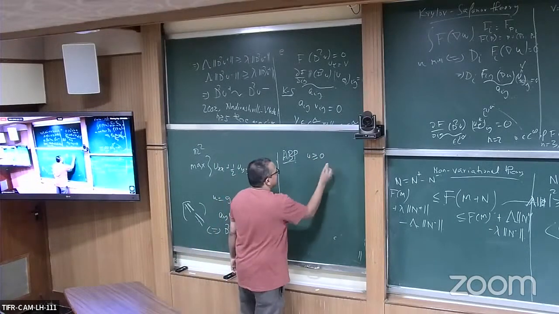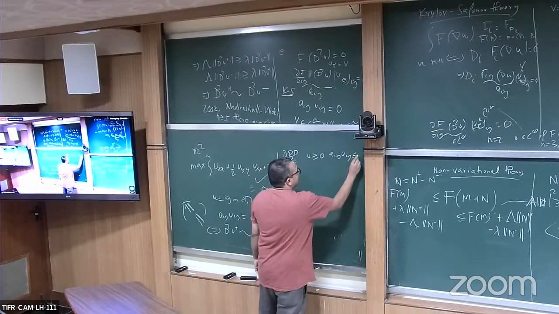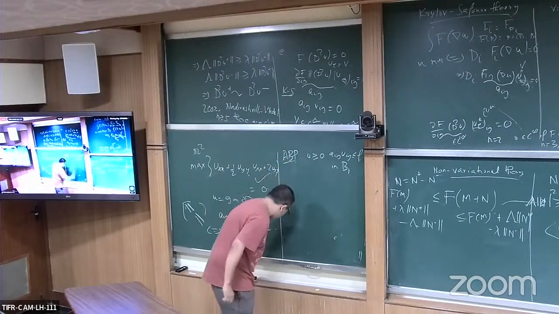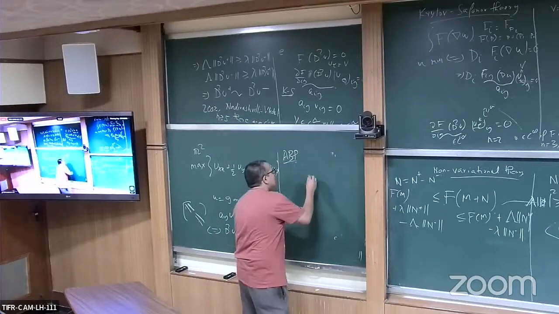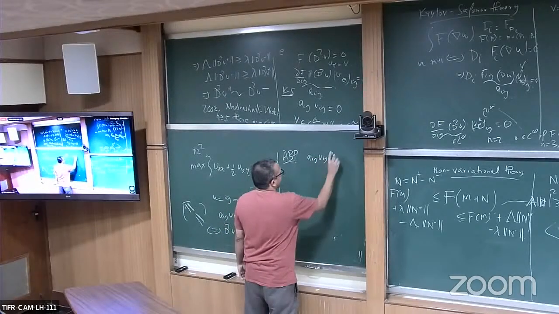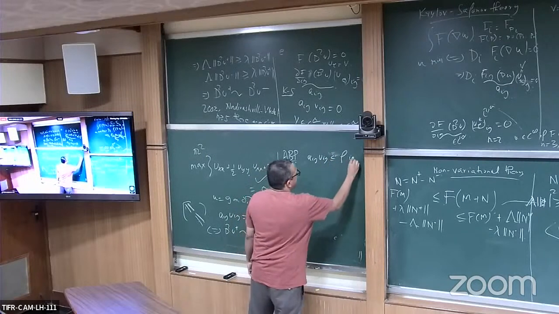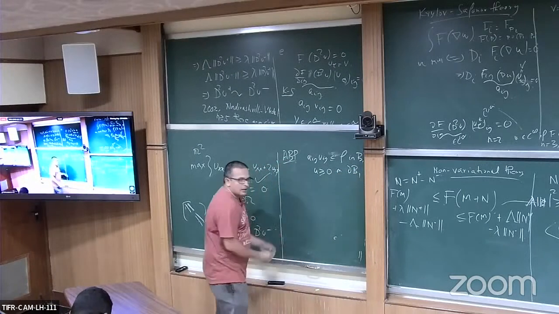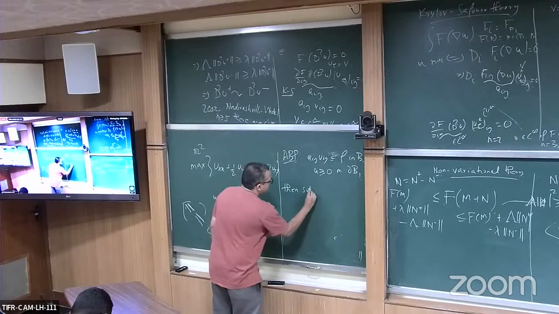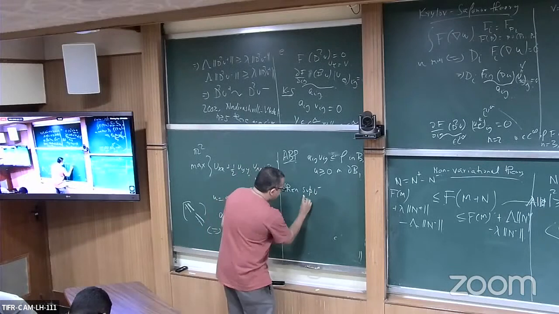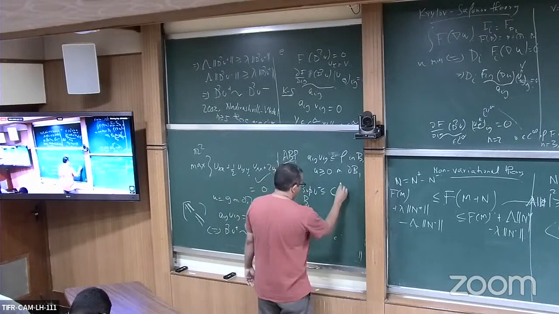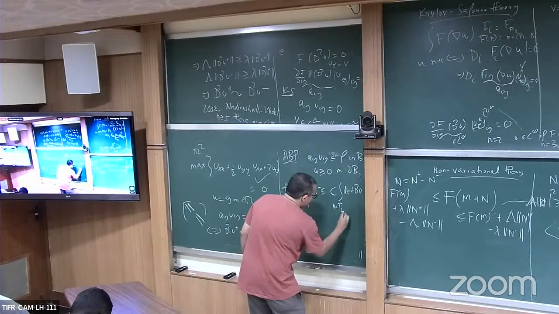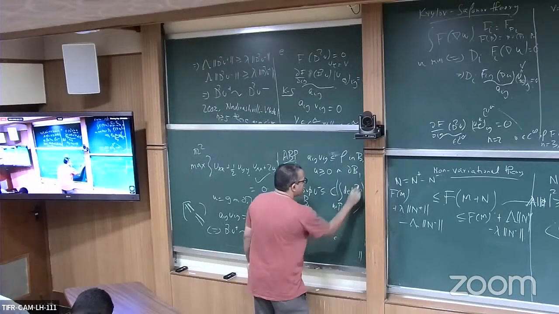So ABP. If u is non-negative on the boundary, and Aij, Uij is less than or equal to f in B1, then the ABP estimate tells you that the supremum of u minus over B1 is less than or equal to a constant times the determinant of D square u on the contact set of u minus, raised to power 1 by n.